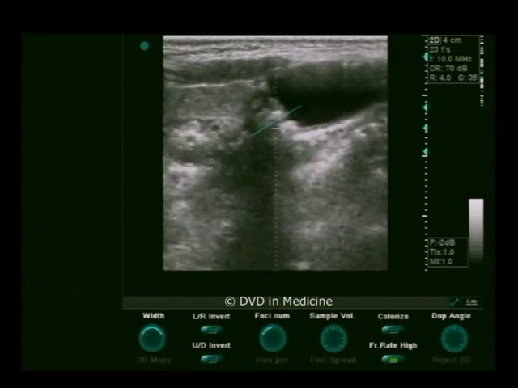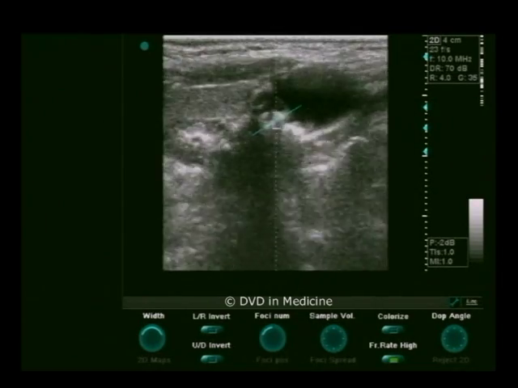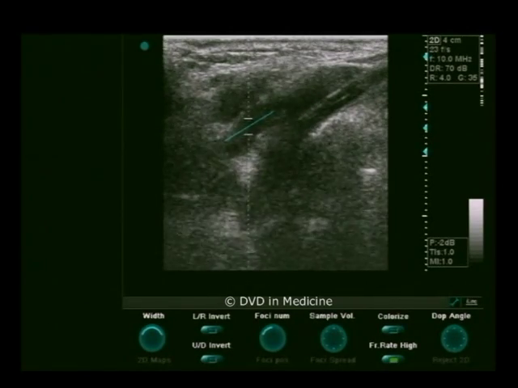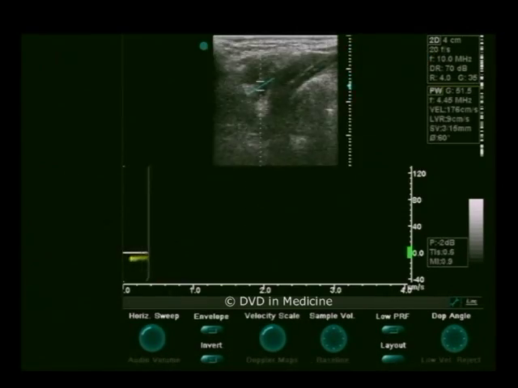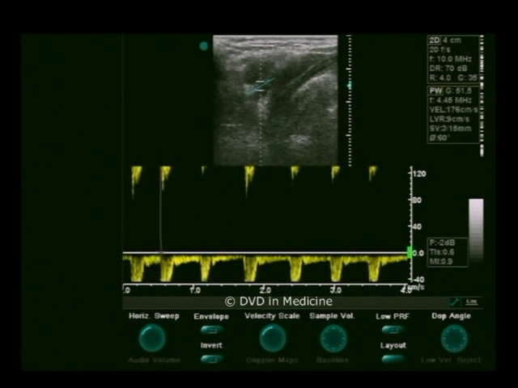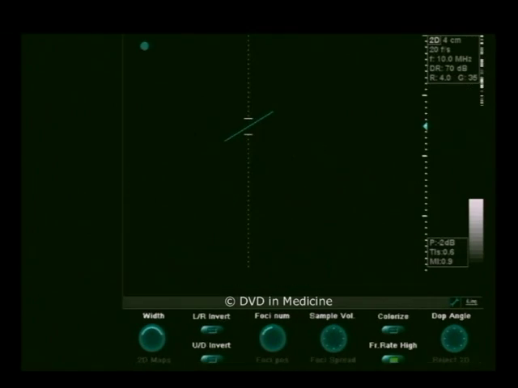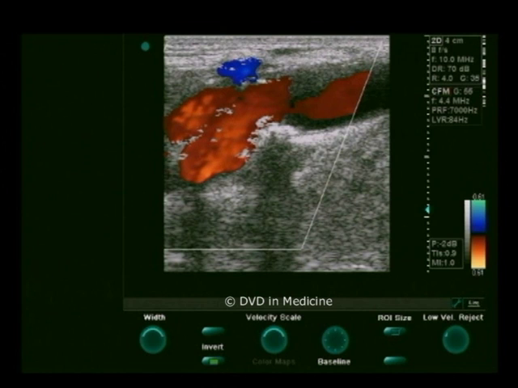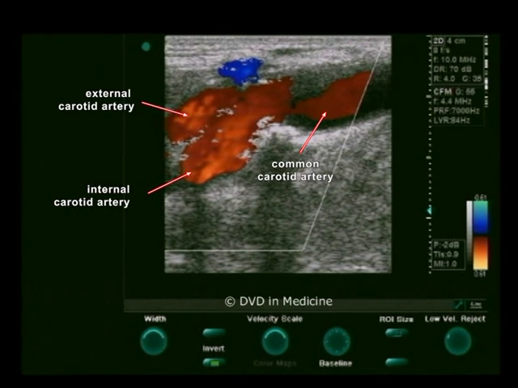Once the external carotid artery has been identified positively, it can be assumed that the other large vessel arising from the carotid bifurcation is the internal carotid artery.